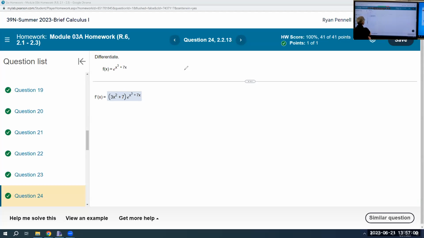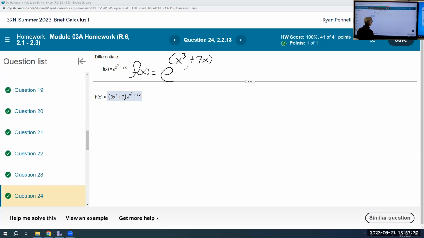What about this one? We have e to the x to the third plus 7x. So if I'm reading that right, that's e to the x cubed plus 7x. That's how I'm reading what the computer is saying. And we want to find the derivative of this.